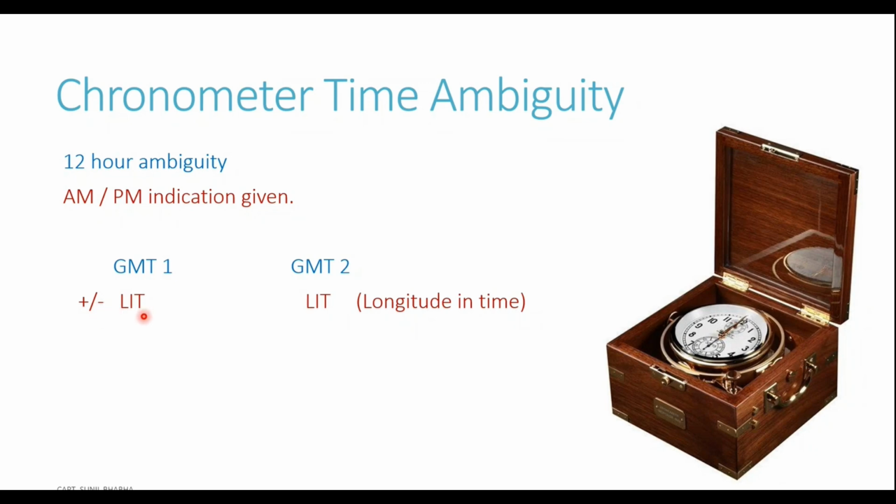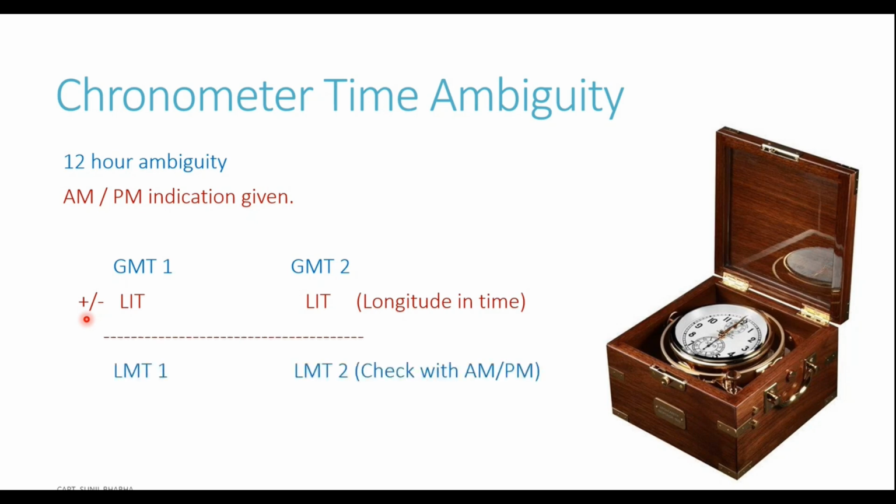Obviously, when the longitude is west, the GMT has to be best or greater. So you will obviously use a negative sign. And if the longitude is east, that means GMT has to be least. So it means you have to use a plus sign to obtain the LMT.